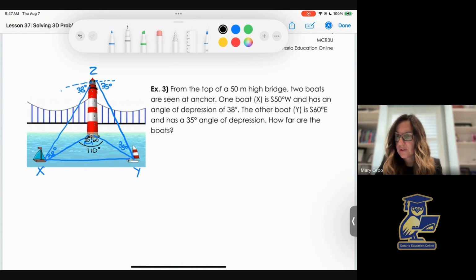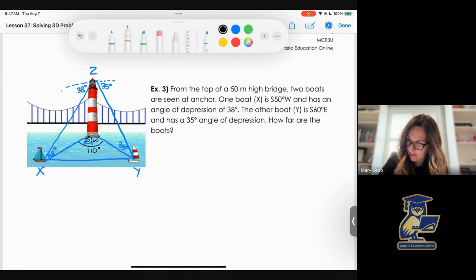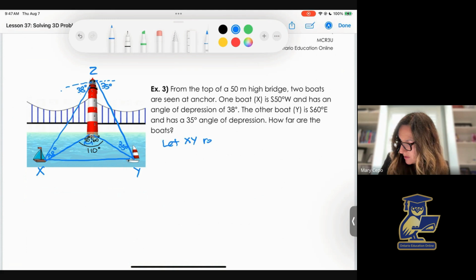Okay, our ultimate goal is to figure out how far apart the boats are. So the distance XY. So we can say let XY represent the distance between the boats.